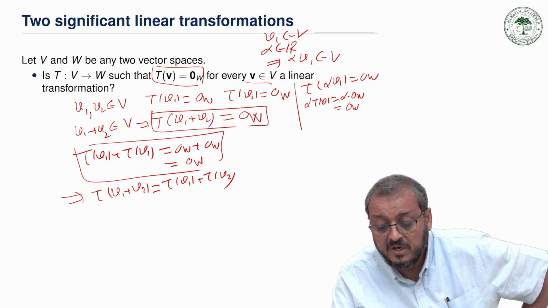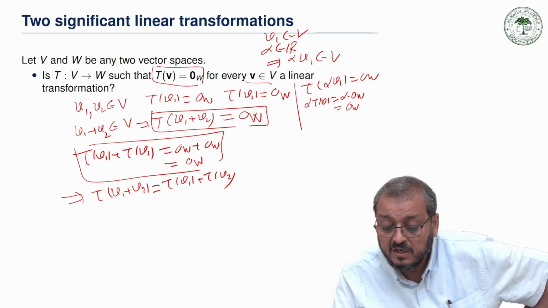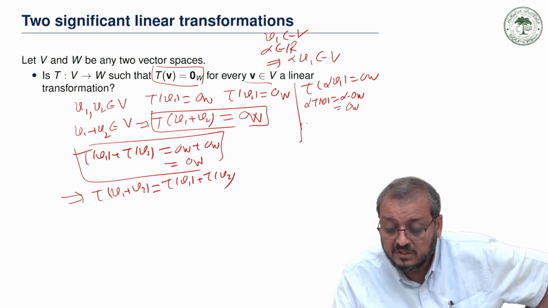So T of alpha V1 is the same as alpha times T of V1.